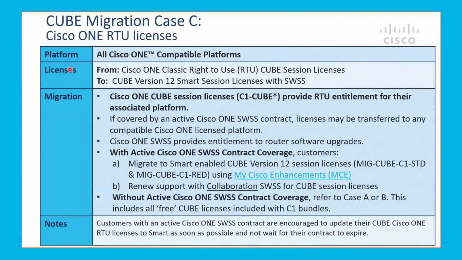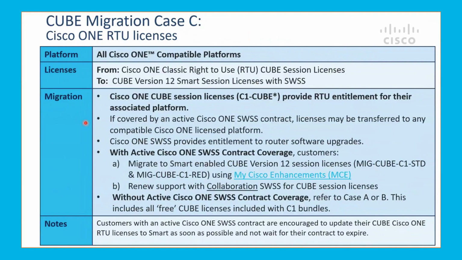The third one is if you had Cisco ONE right-to-use licenses on all Cisco ONE compatible platforms. If you have an active Cisco ONE SWSS contract, you may be transferred to any compatible Cisco ONE license platform. Cisco ONE SWSS basically provides entitlement to router software upgrades.